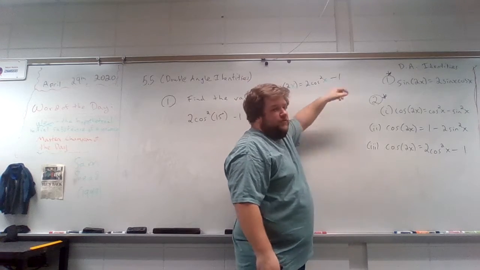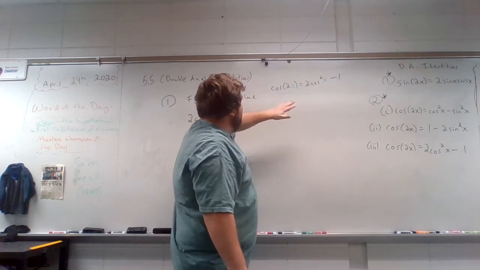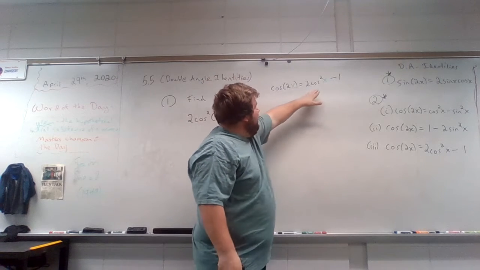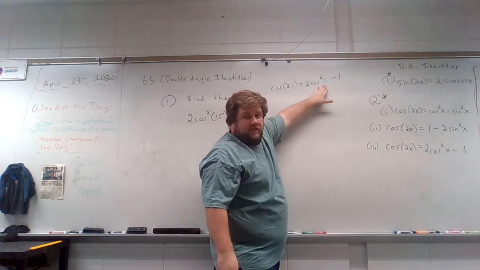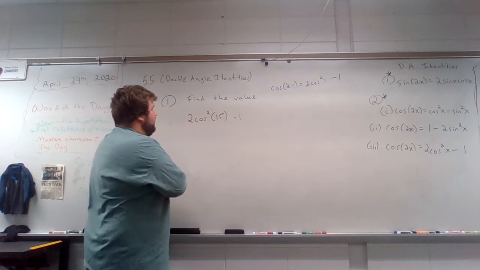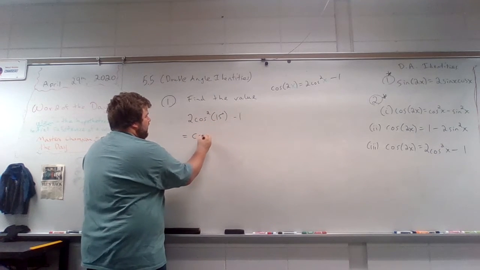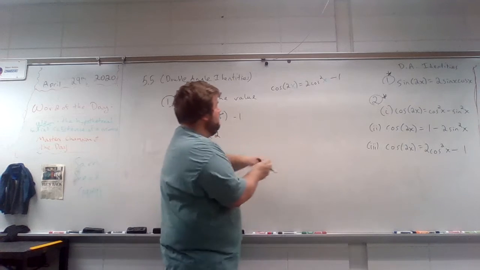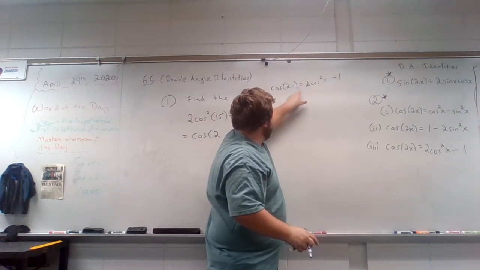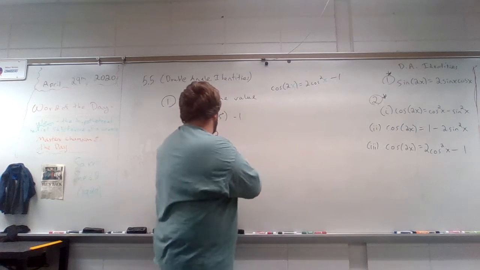Cosine of 2x is 2 cosine squared x minus 1. So this identity is always true for any value of x. If it's 2 cosine squared of 15 minus 1, this is really the cosine of 2 times 15, because that's our x, right? X is 15. So this x right here is 15 in this case.